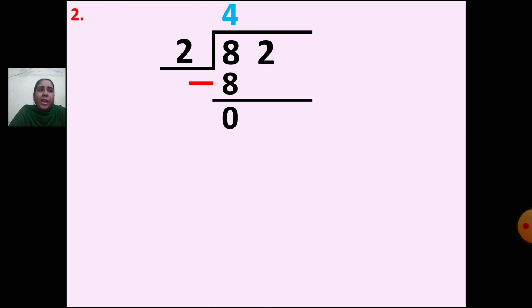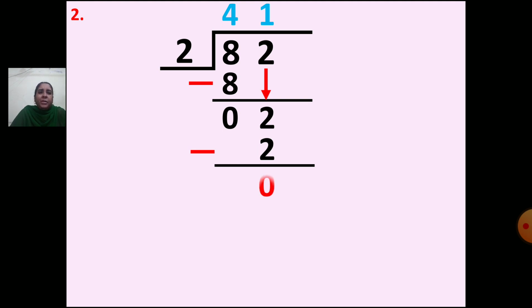Okay. Now you have to bring the second number down. So you will draw one arrow. You will bring 2 down. Now in table of 2, when you get 2, 2 ones are 2. So 1 will come up, 2 will come down. Right. Now you will put the sign of minus. Draw one line. 2 minus 2, what will come? 0.